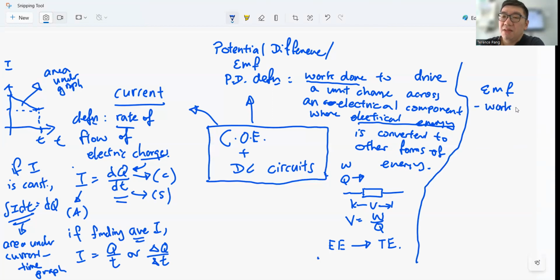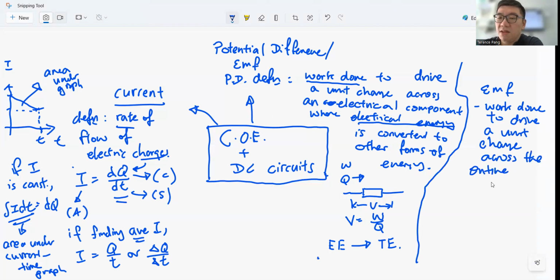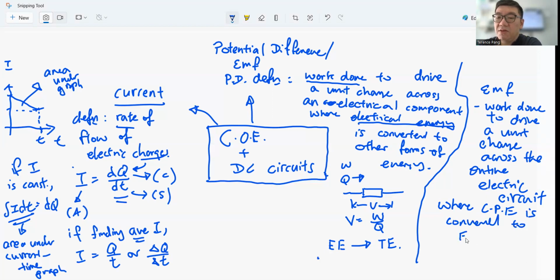Work done to drive a unit charge across the entire electric circuit where chemical potential energy, CPE, is converted to electrical energy.